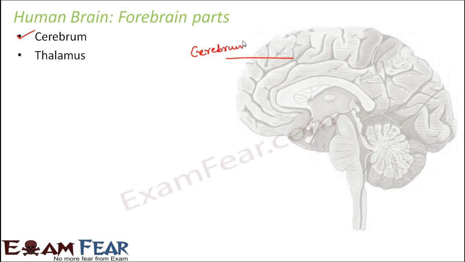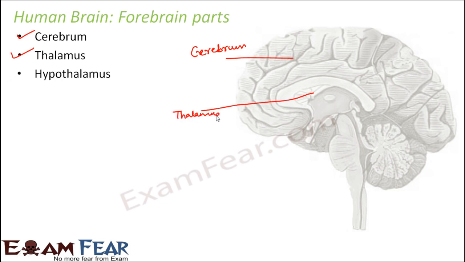The next part is the thalamus. It is present towards the base of the forebrain. So the thalamus is located somewhere here in this region.